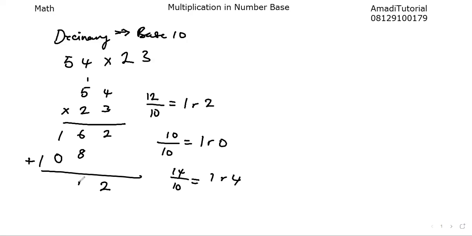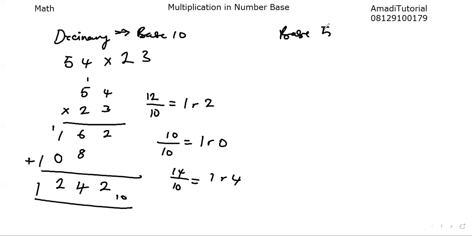So you write 4, carry 1. 1 plus 0, 1 plus 1, 2. Bring down 1. So that's how we do multiplication in base 10. So let's go to another base and see if we can replicate that.